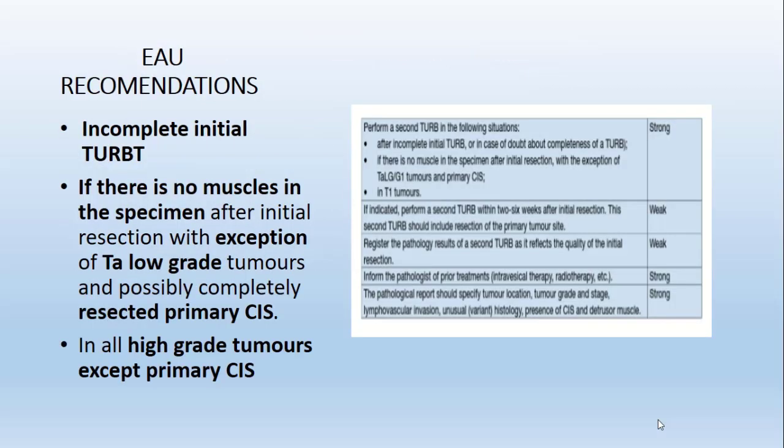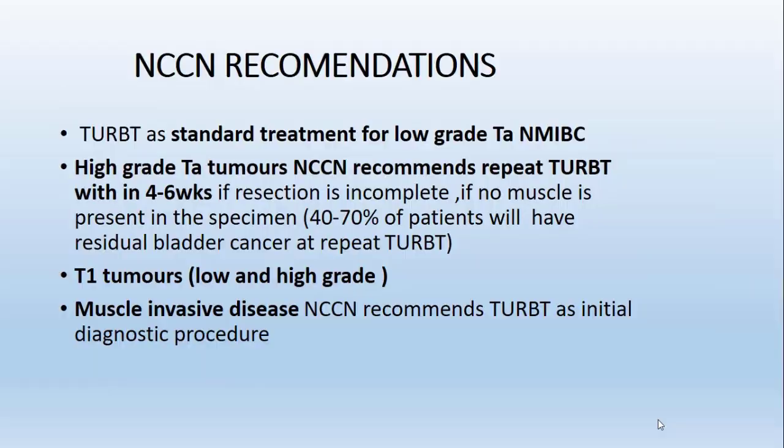The European guidelines tell us that repeat resection should be done if there is incomplete resection initially, and if there is no muscle in the specimen after initial resection, with the exception of low-grade Ta tumors and possibly completely resected primary carcinoma in situ. In all high-grade tumors except primary carcinoma in situ, repeat TURBT is advised.